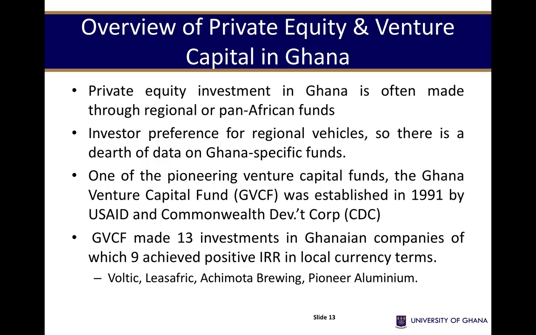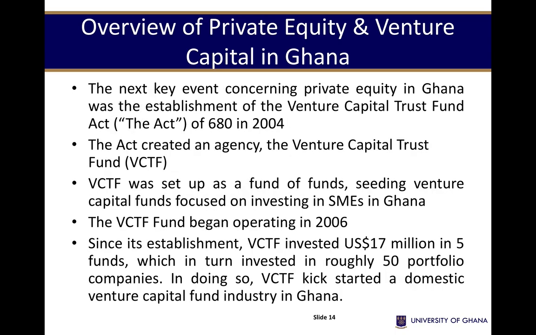The GVCF made 13 investments in Ghanaian companies. 9 of them achieved positive IRR in local currency terms, and some of them included Voltic, Lees Afrique, Achimota Brewing, Pioneer Aluminium. Some went on to become bigger players like Voltic, we know Lees Afrique, Achimota later merged with another, and Pioneer went on to list on the stock exchange some years later.